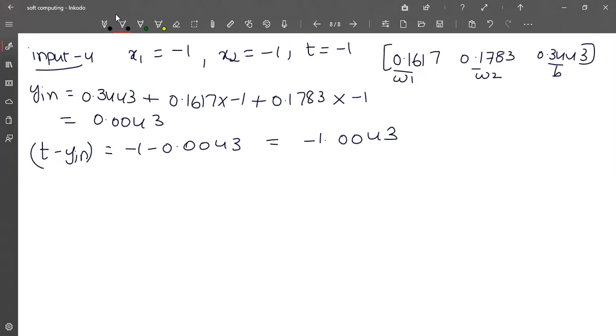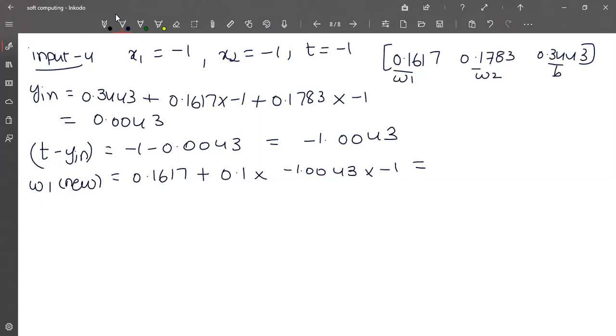Okay. Now find new weights. New W1 is equal to old W1 0.1617 plus alpha 0.1 into T minus Y, minus 1.0043, into x1 which is minus 1. So this we will be getting 0.1617 plus 0.10043.